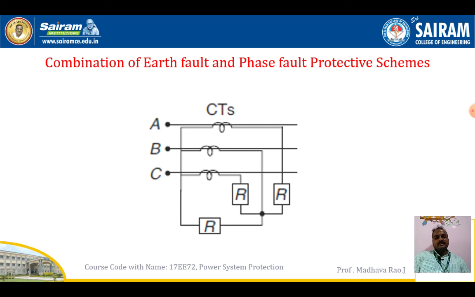This type of protective scheme will protect against both earth fault and phase fault. This type of protective scheme we majorly use in the protection of power systems, whether it may be a transformer, a generator, an induction motor, or transmission lines.